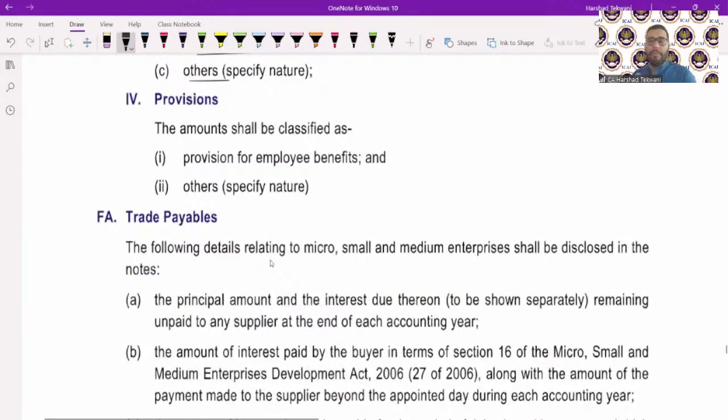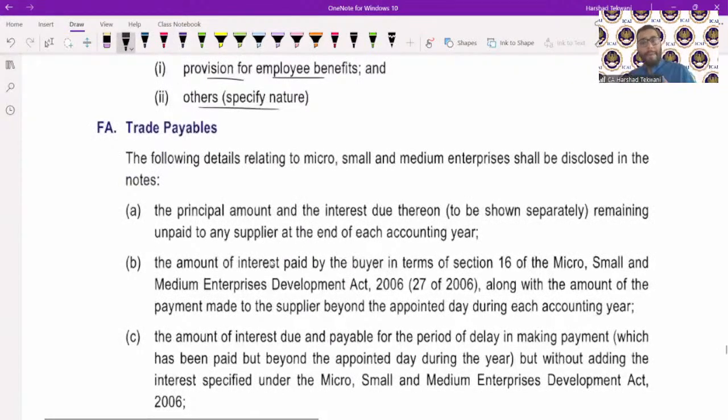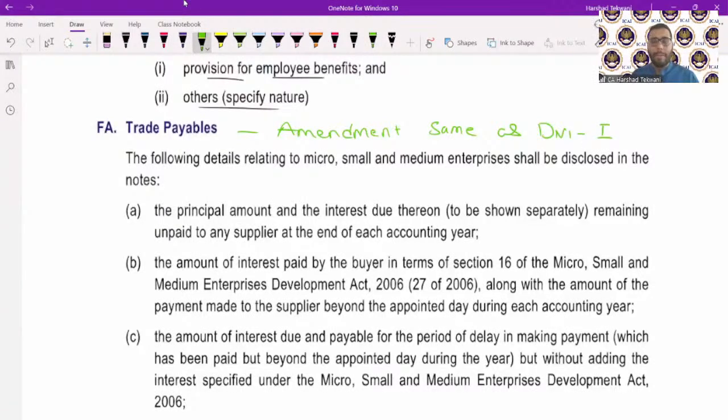Provisions, same. Provisions stand for first provision for employee benefit, then other provisions if you have any. Trade payables, important one, and there is an amendment. Same as Division 1. What is the amendment?